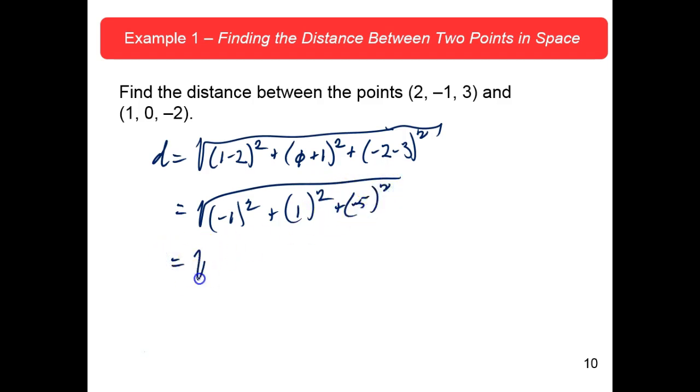And that would be 27. Okay? And square root of 27 you could write as 3 root 3 if you wanted to. Okay? That should be what we get.